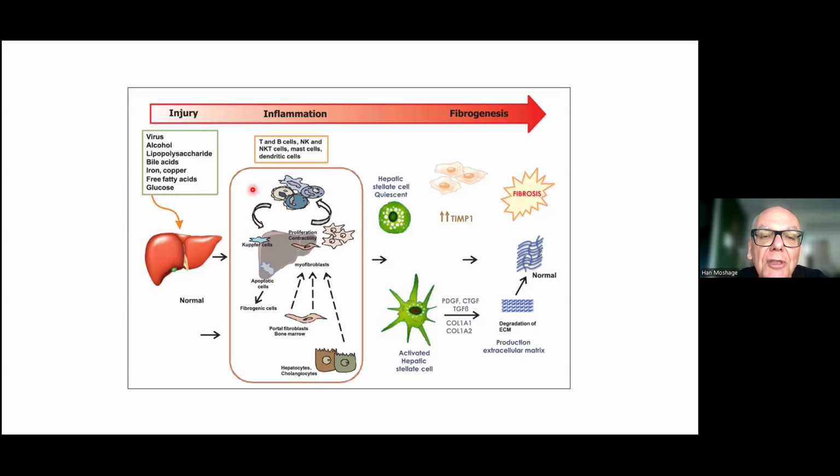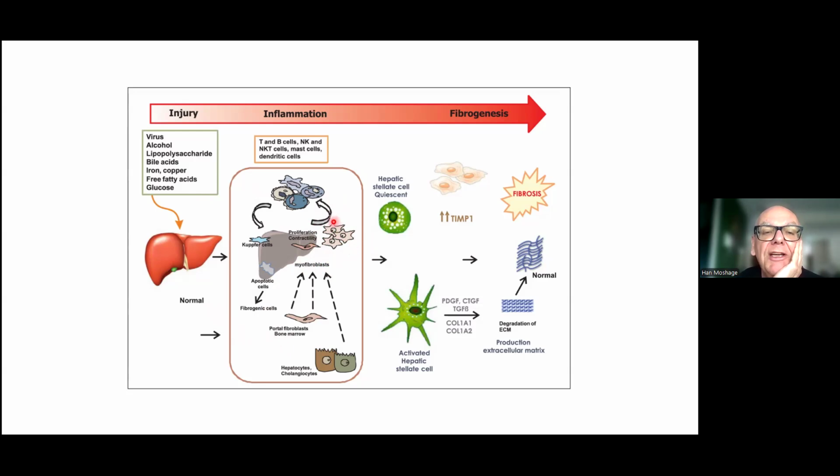So the activated Kupffer cells in inflammation can damage hepatocytes, and at the same time, they can activate the stellate cells, which normally are responsible for the storage of lipids and vitamin A.